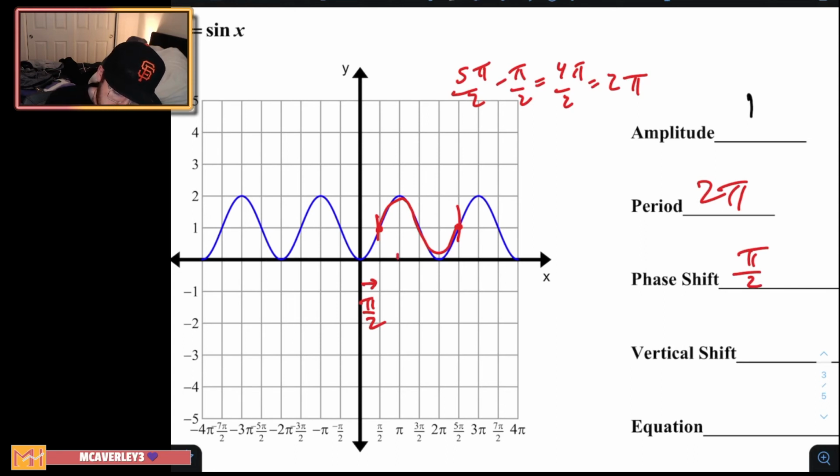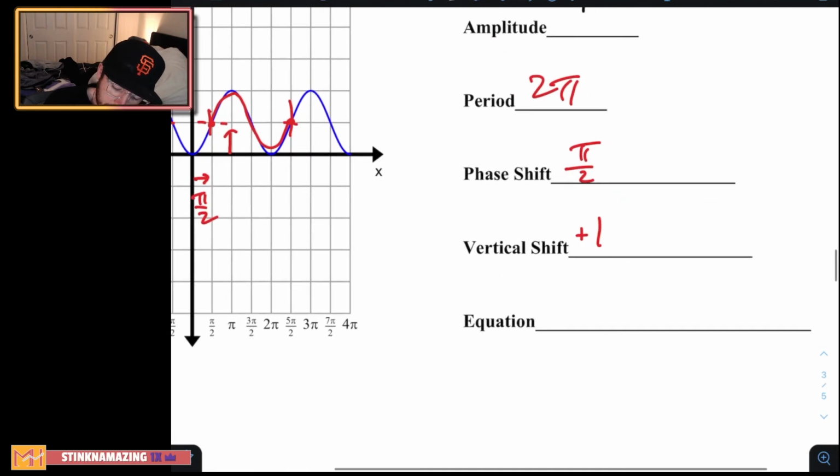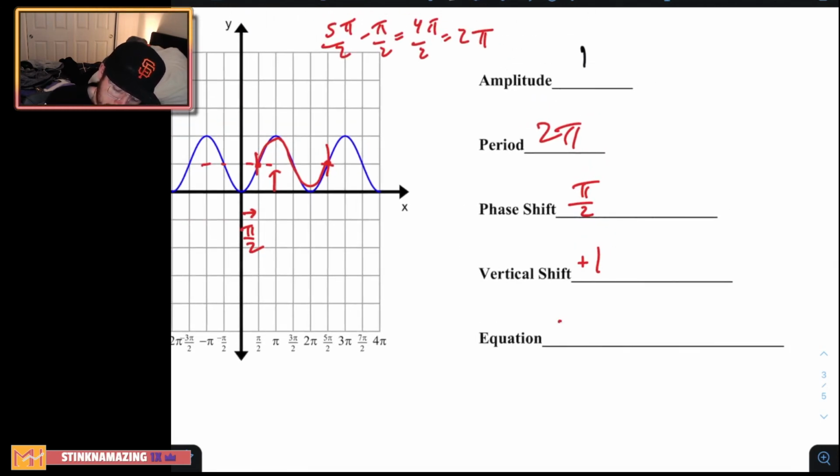Our vertical shift, it moved up 1 because there's that line down the middle. And therefore, our equation looks something like y equals sine of x minus pi over 2, plus 1.